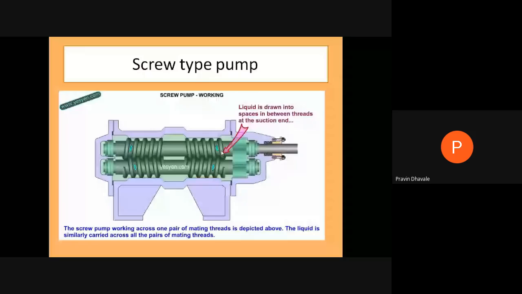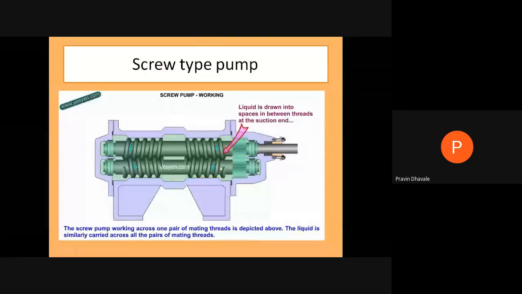Likewise, provided to this drive shaft. One of the shafts is providing a motion, so it will be called a drive shaft, and another shaft will be rotating because of a gearing action or threading action, right? When inlet fluid enters this casing, it will get trapped and, like a bolt, it will be moved along this thread.